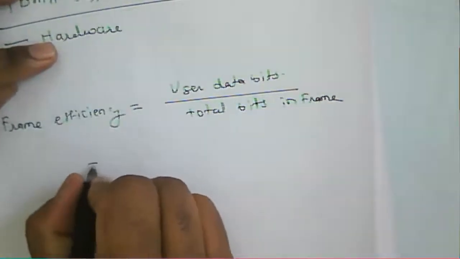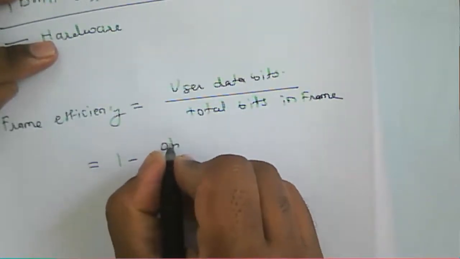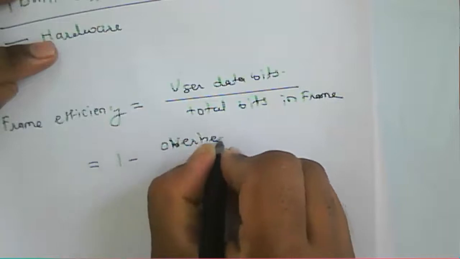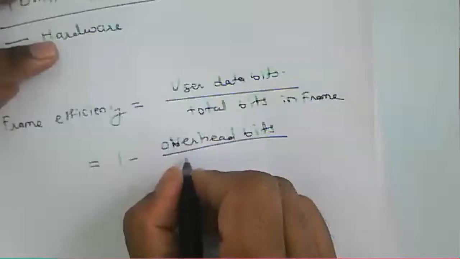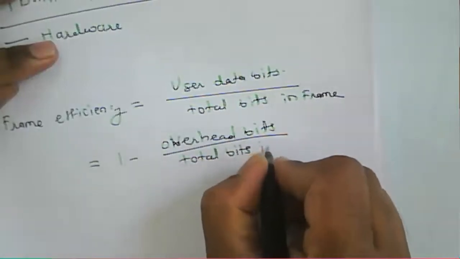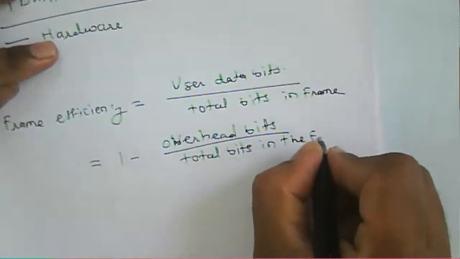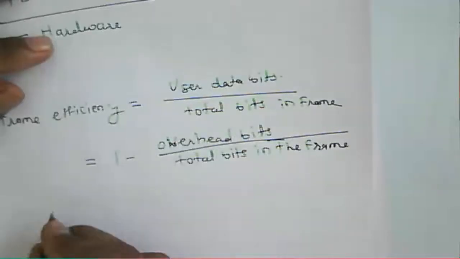Or we can say it is equal to 1 minus overhead bits divided by total bits in the frame.